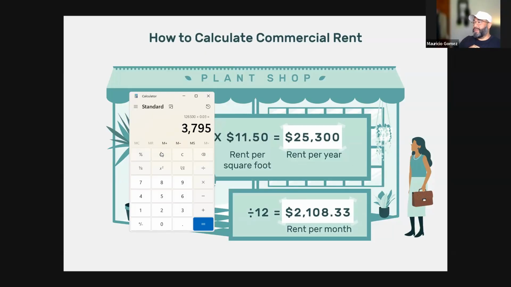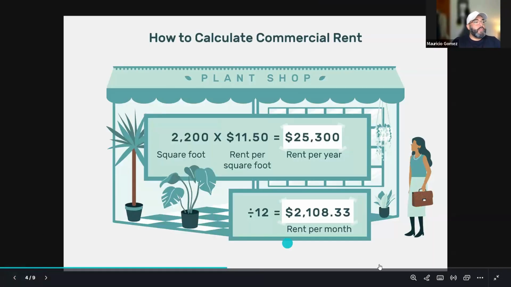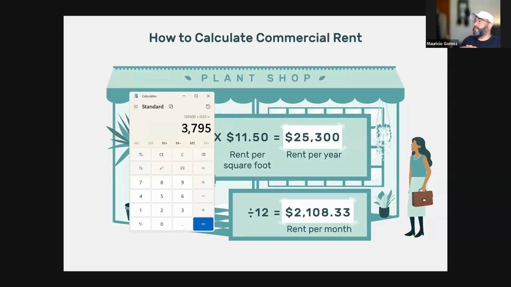Because if you've been working commercial leases, you know that leases are twice that. If you're looking for a location that is 2,200 square feet. Whoops. So your commission on a $2,000 a month lease could be $3,795, which isn't too bad if you don't spend too much time finding the location.